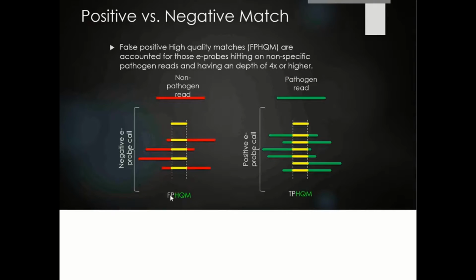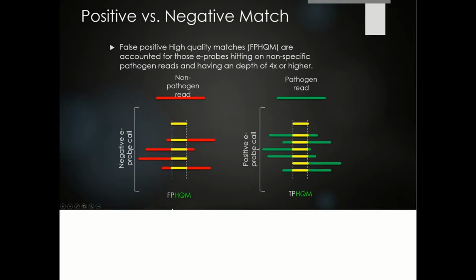Now I would like to talk about what a positive and a negative match is. Whenever we have this EPROB alignment, we might have false positive high quality matches, which means it's hitting on reads that are not from the pathogen or reads that are similar to the pathogen.